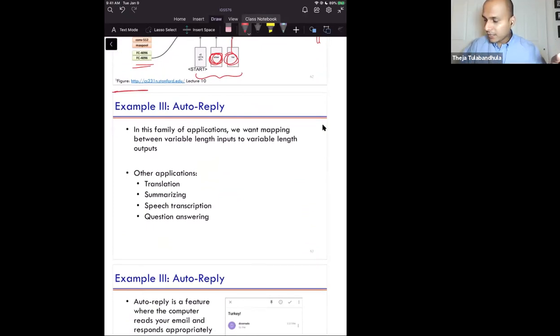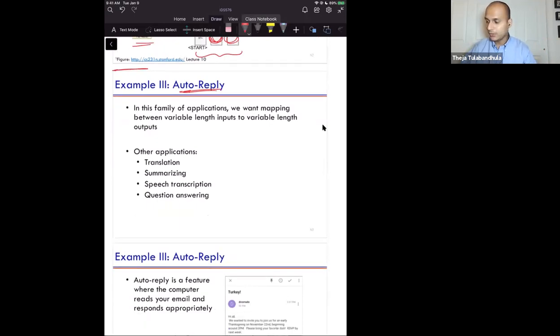So auto reply or basically machine translation, going from, let's say, an English sentence to a sentence in Chinese or Spanish or other languages, you have to map. You basically have to build a model which maps variable length inputs to variable length outputs, right? So we saw that this is actually the generalized version of sequence to sequence modeling, right?